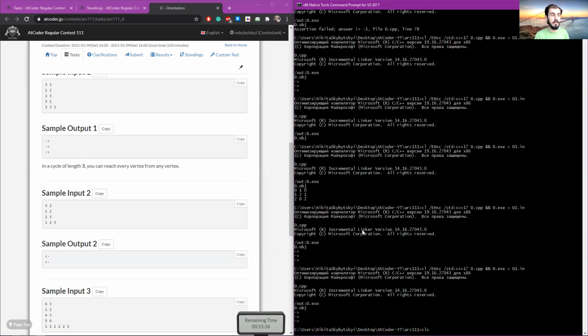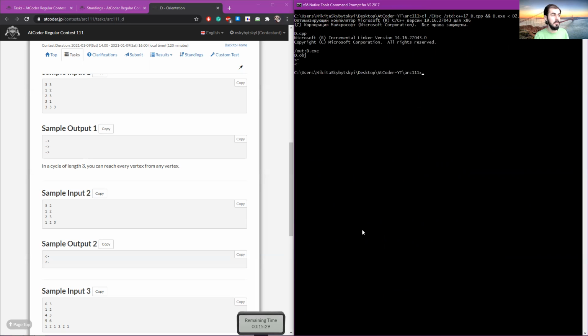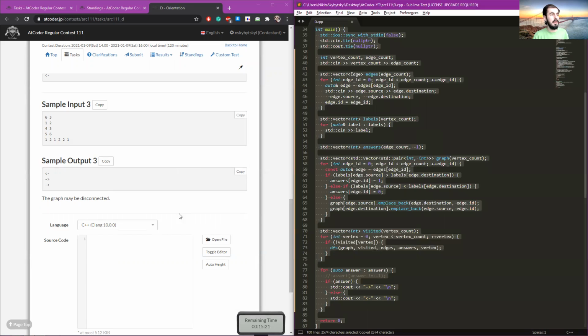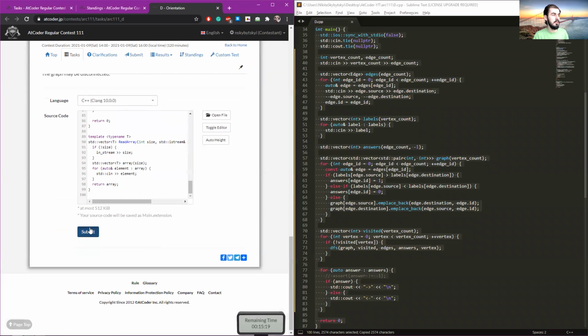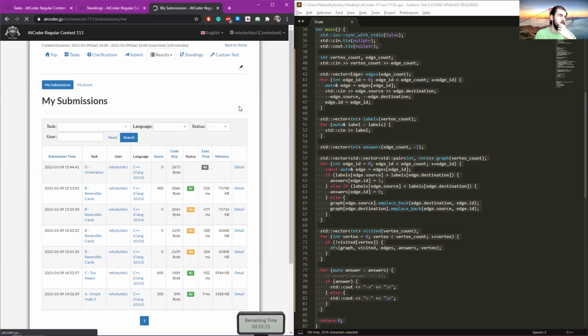Well, okay. So DFS found the cycle, but this cycle was trivial. Okay, here DFS found, no, here, okay. I'm not sure whether our cycle detection DFS is correct, but let's try. Okay, very good, very good.